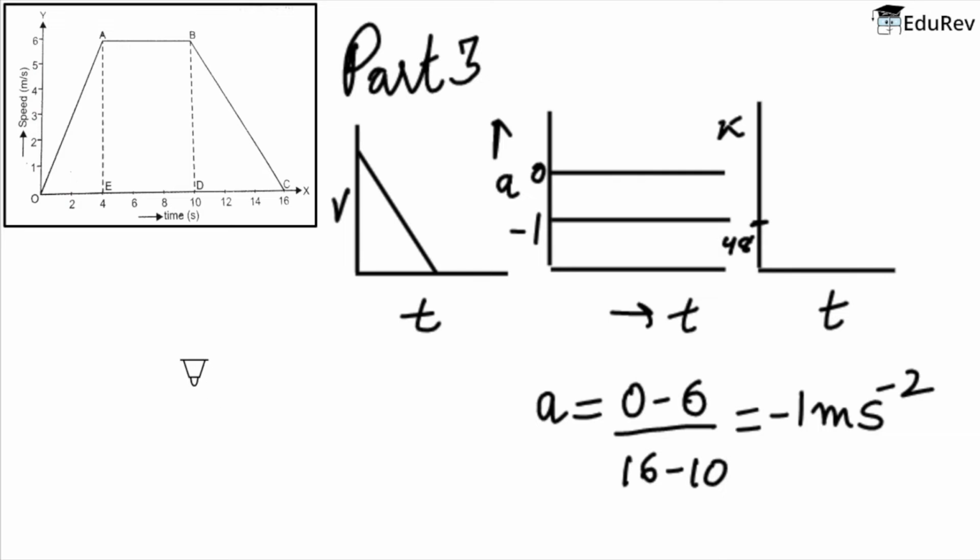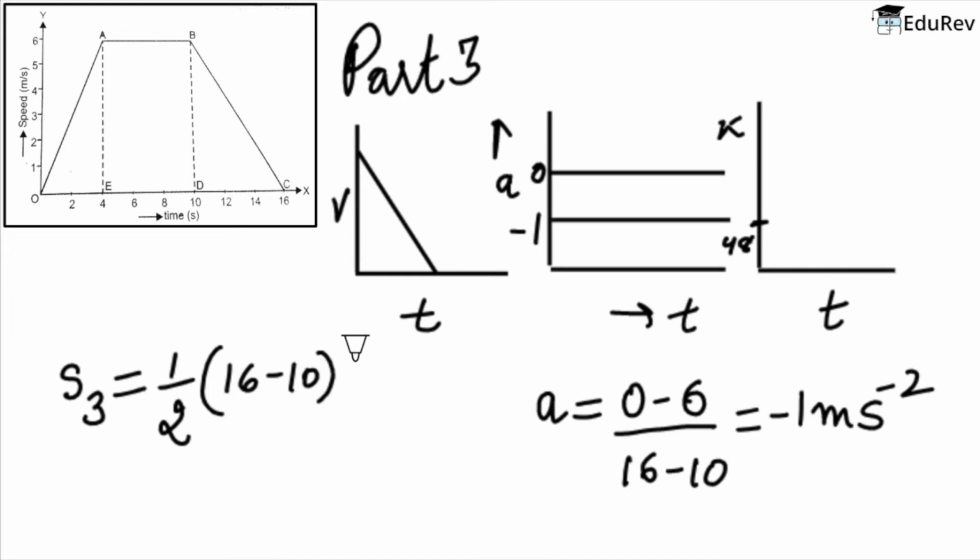And now if we calculate the area of part 3, that would be the distance traveled in the third section. So our distance traveled would be half times 16 minus 10 multiplied by 6. This gives us 18.